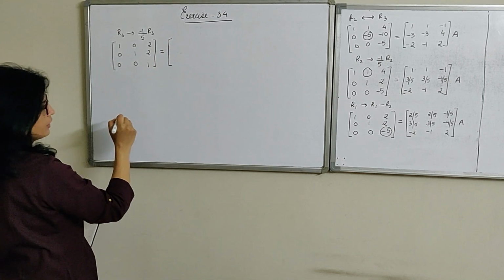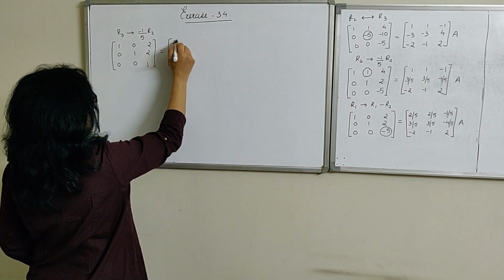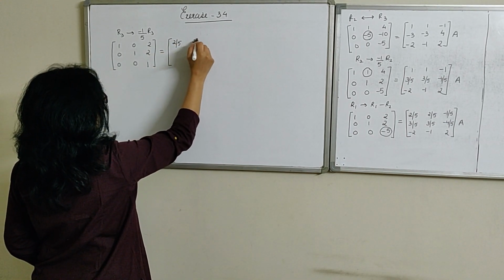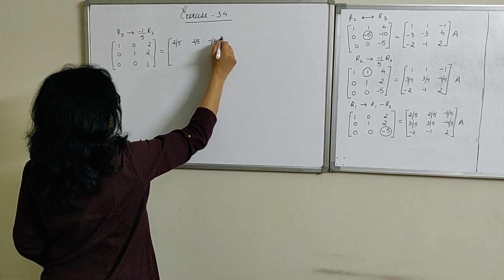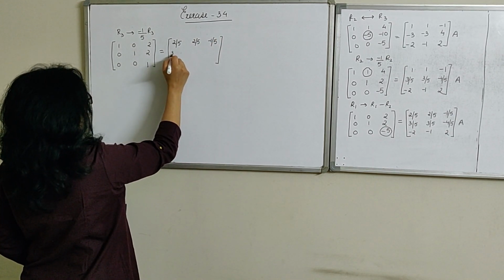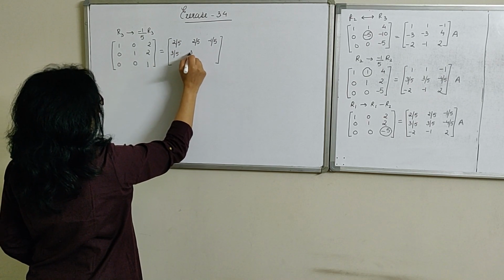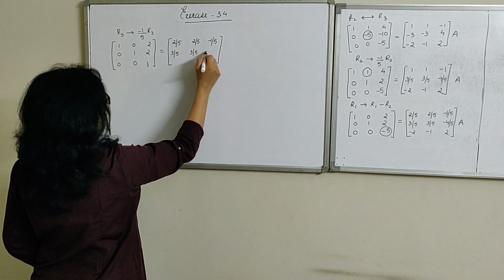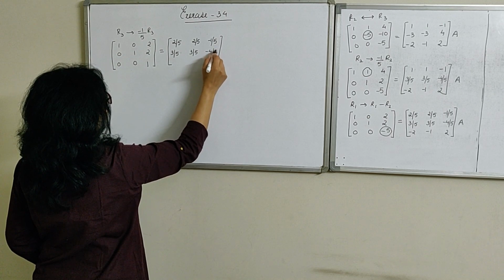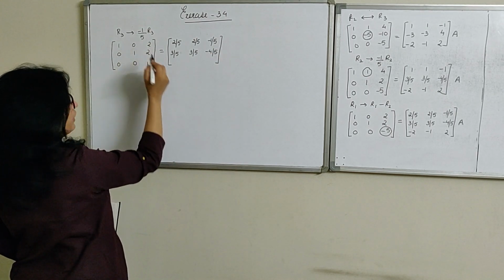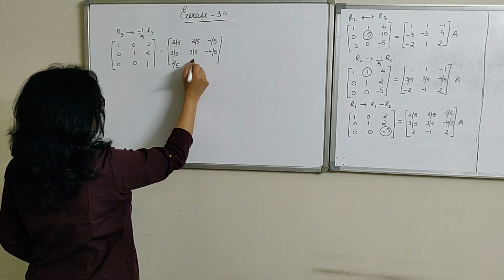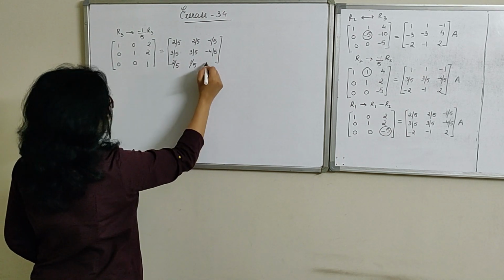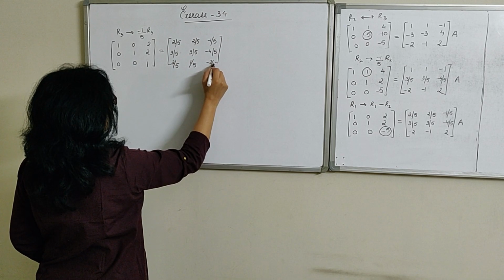On the right hand side, the matrix is 2 by 5, 2 by 5, minus 1 by 5. Second row is the same. And the third row we are dividing by minus 5. So the third row elements are this.